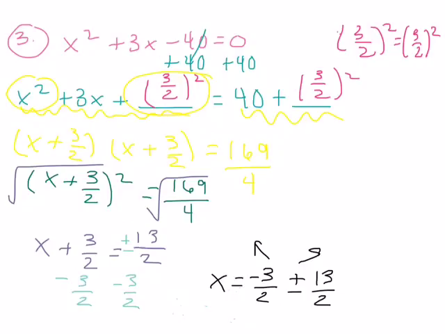Negative 3 over 2 plus 13 over 2 and negative 3 over 2 minus 13 over 2. This equals 5, and this equals negative 8.